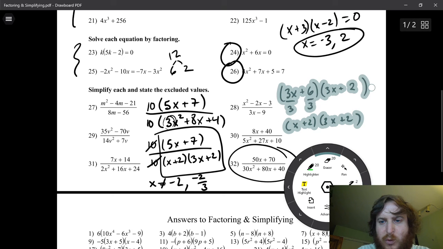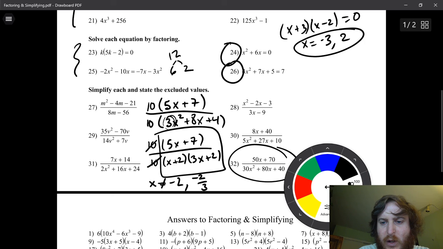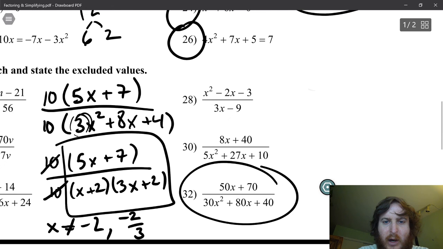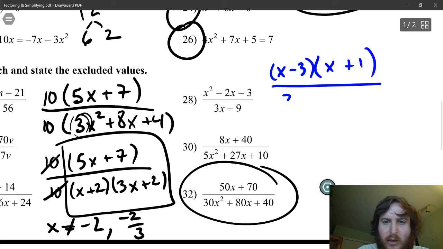So like on number 28, 28 is really easy. We're going to zoom in and look at that. The top factors to x minus 3 and x plus 1. In the bottom, we can just factor out a 3 and we get x minus 3. So even though we factor that out, our answer will be x plus 1 over 3.